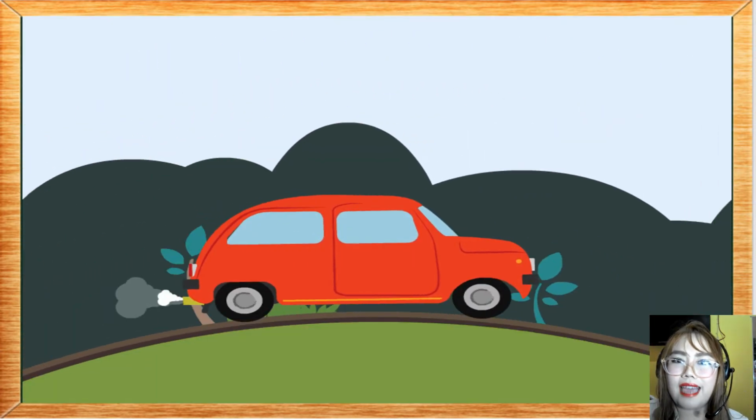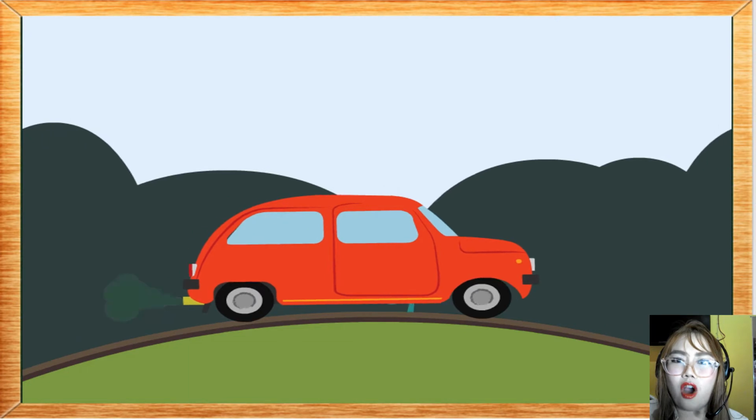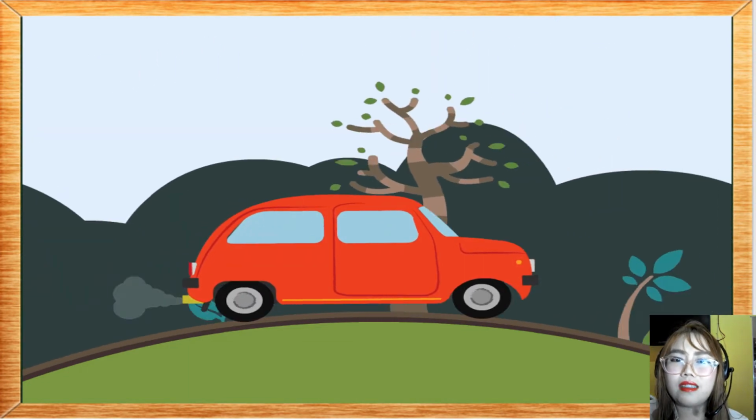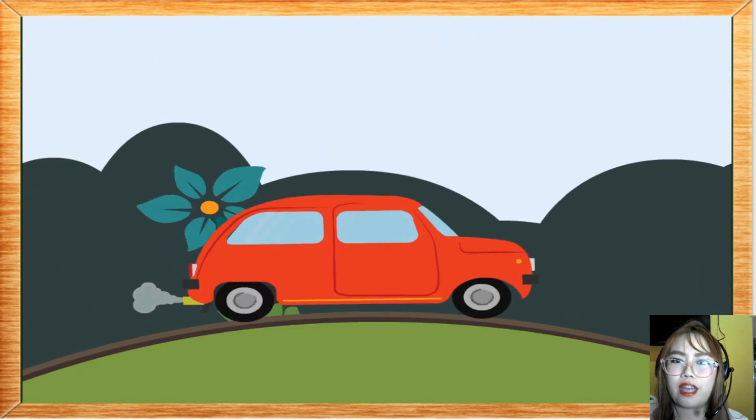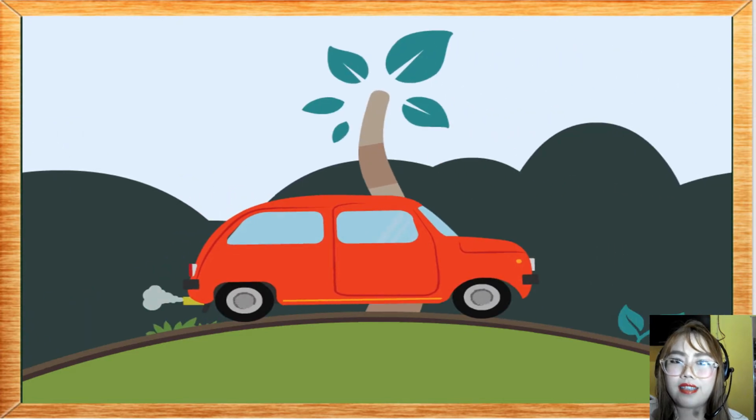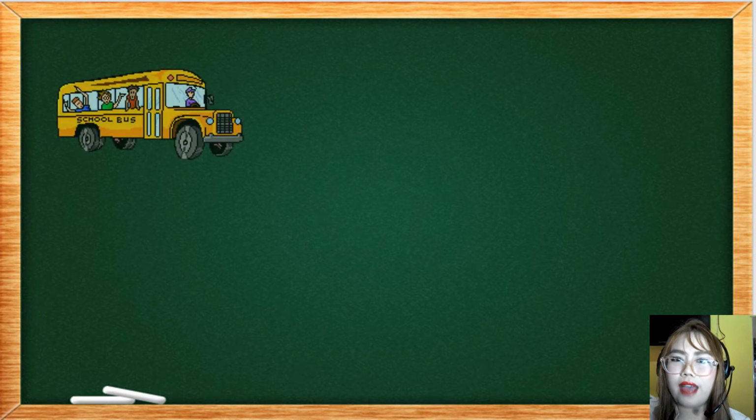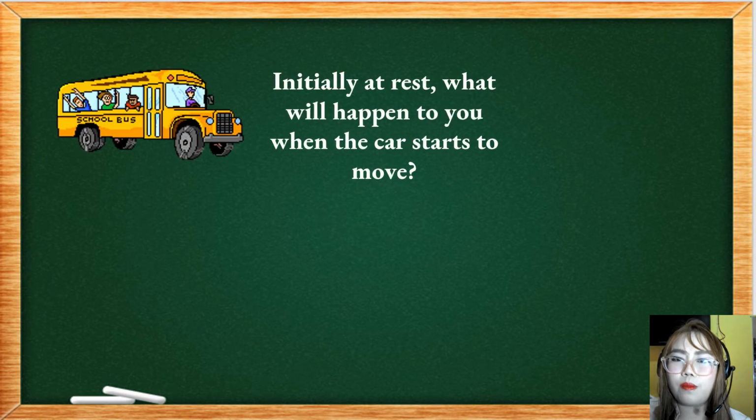To understand Newton's first law of motion, we need to know first the inertia. Let's have an example. Consider yourselves that you are riding on a bus. Initially, the bus is at rest. When it starts to move, what will happen to you?